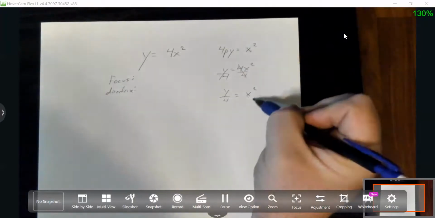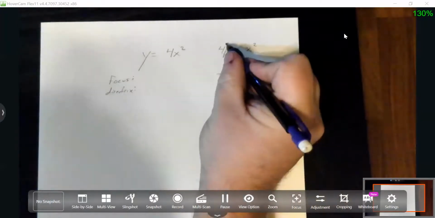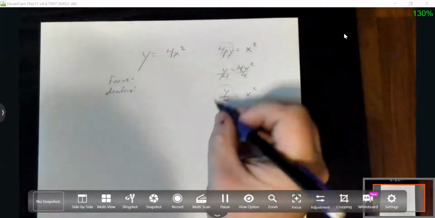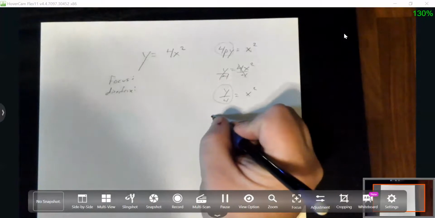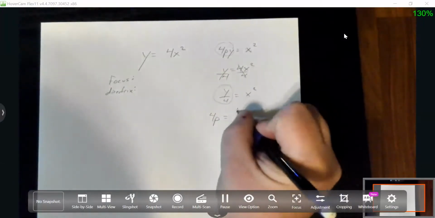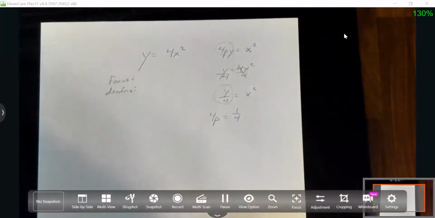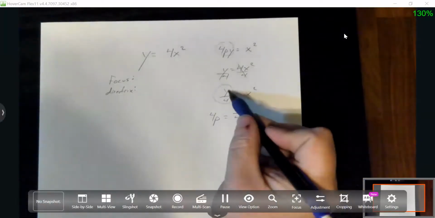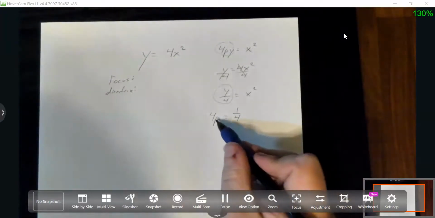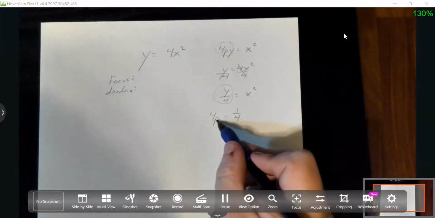So I have the x squared, I have the x squared. So I'm saying that 4py has to be the same as y over 4. So 4p has to be the same as 1/4. So all I've done is compare what has to be next to the y value. Now, essentially, what we are doing is trying to solve for p.